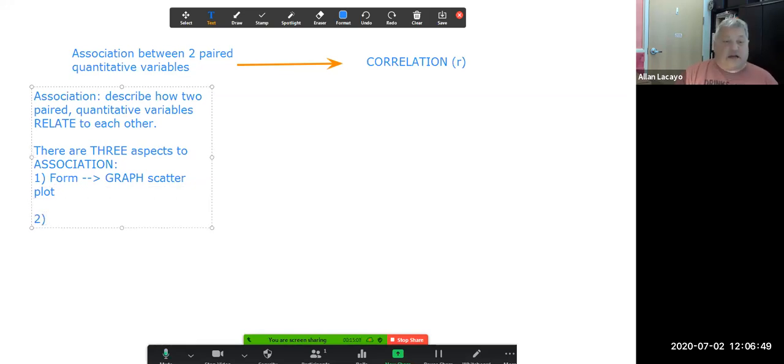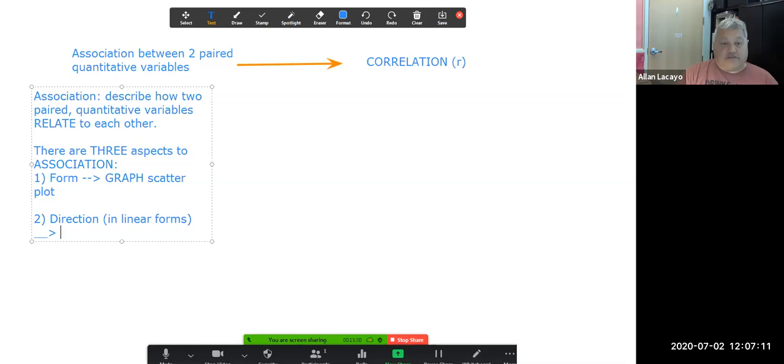Another thing that the scatter plot will enable us to see is the direction of the form, especially in what we will call linear forms that we will describe shortly. And direction in linear forms can be one of two.